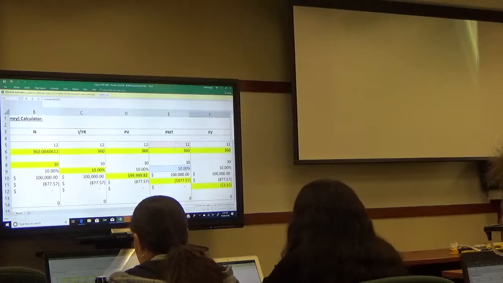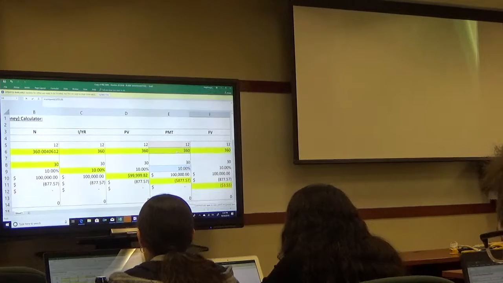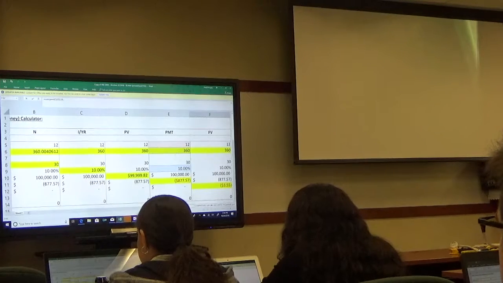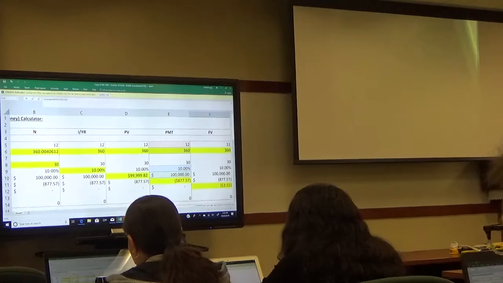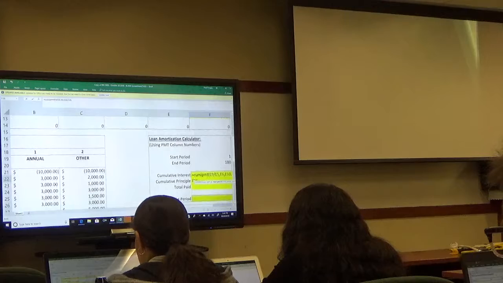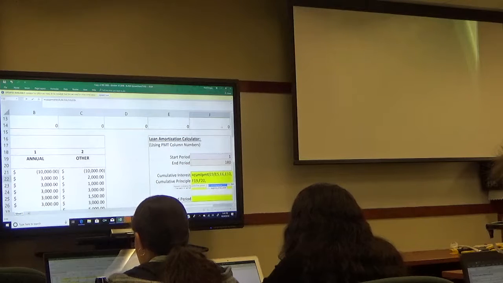And then the number of periods total, in this case it's going to be the 360, comma, present value, comma. Then the new piece of this is the starting period, which we've given you here. Start period is going to be month 1, comma, ending period, comma, and then the type.